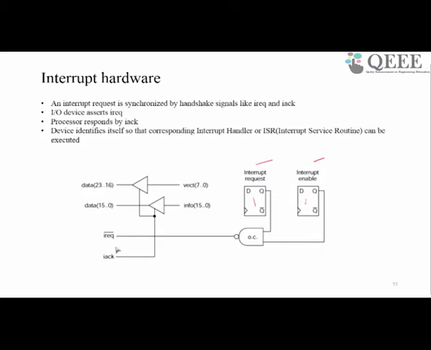When the acknowledgement is given, the device which has been acknowledged places the interrupt vector, which is taken inside by the processor through the data bus, and the processor program jumps to this particular restart interrupt.